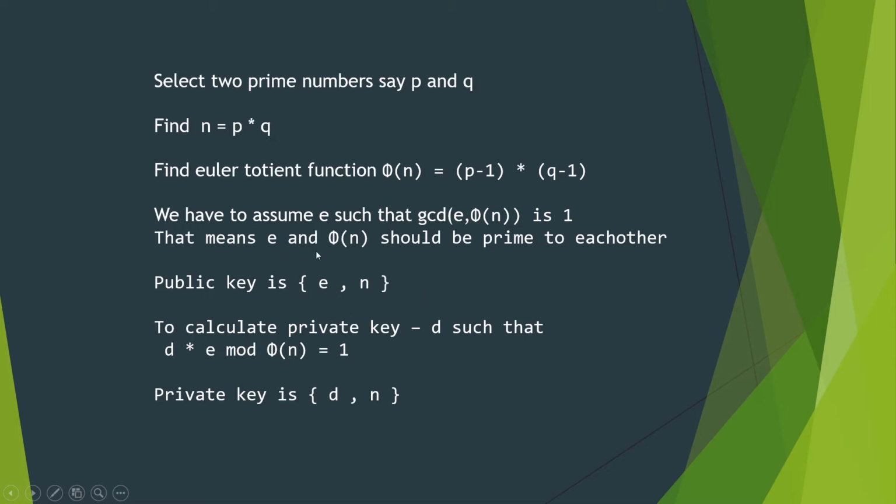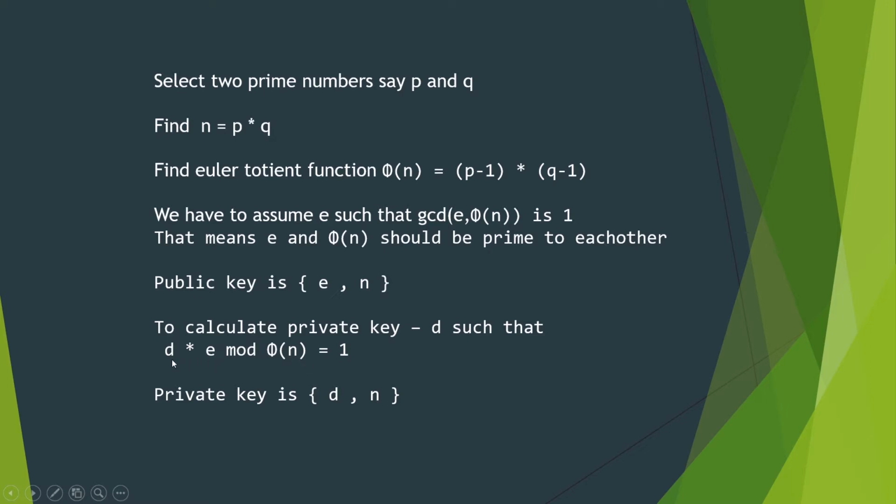We have assumed e to be a number that is coprime with phi of n, and the public key is e comma n. Now we need to calculate the private key. This expression gives us the private key: we need to select d such that d into e mod phi of n is equal to 1. We already have the values of e and phi of n.